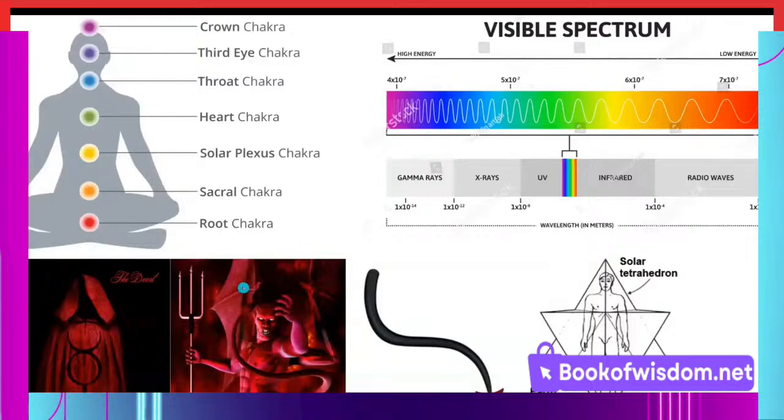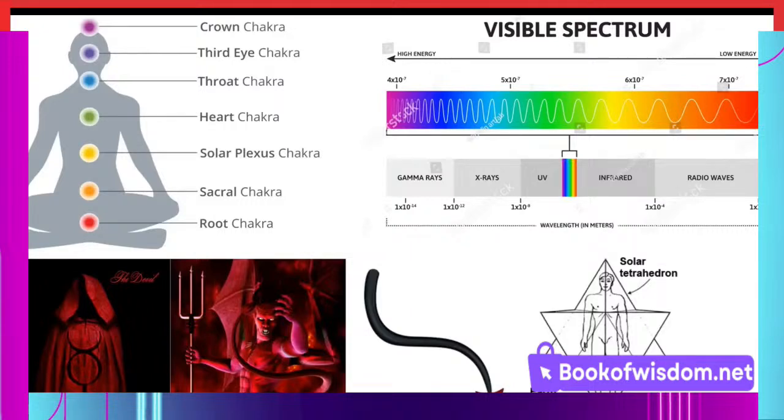When you are operating off your root chakra, you will kill, you will fight, you will do anything to survive, because it's all about survival mode. They want you keeping in that fighting mode, so that you are manifesting this low vibrational frequency, this satanic energy, this demonic red energy.